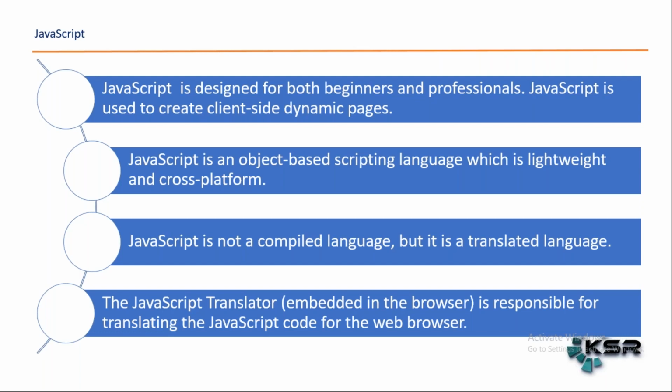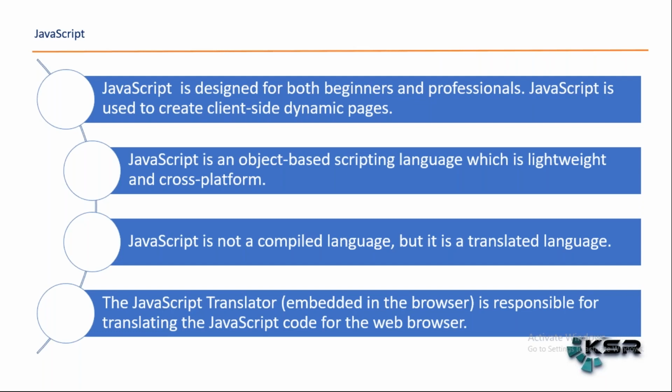The next thing is that JavaScript is an object-based scripting language. In college or school or anywhere, you might have seen what object-based programming is. So OOPS concepts and everything will be there.